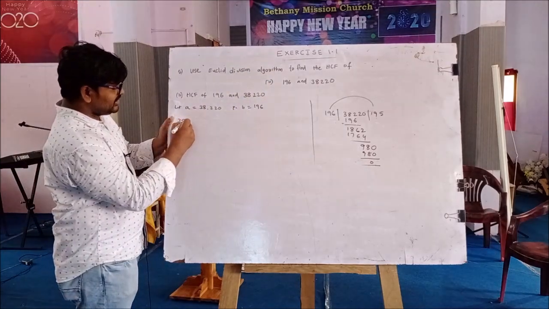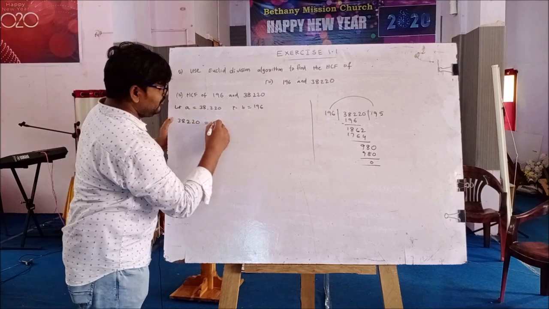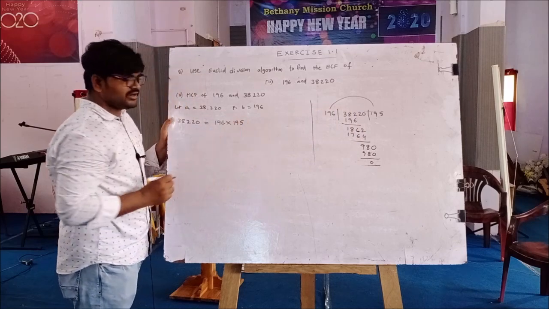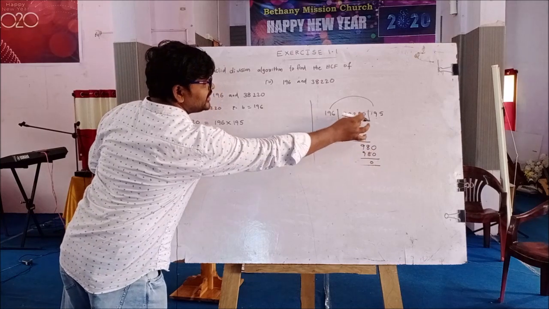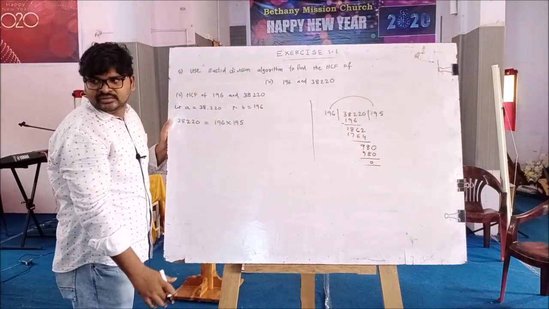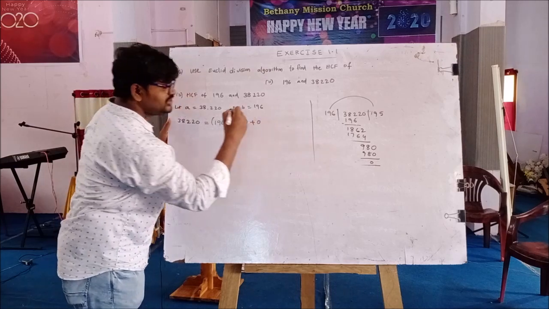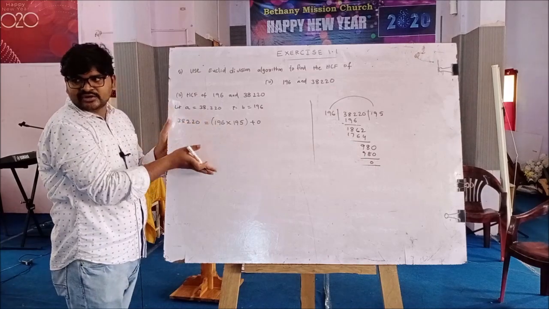So the greater number 38,220 is equal to 196 into 195, yes or no? 196 times 195 gives 38,220 plus the remainder is equal to 0. Alright, remainder is equal to 0, the process will be stopped.